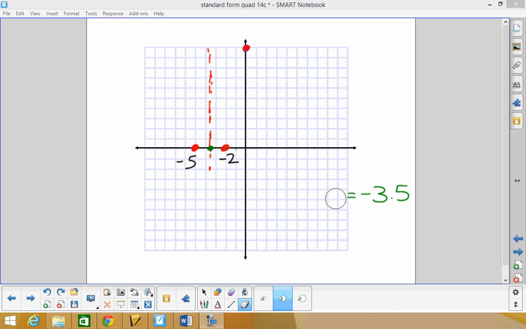And this is going to give us the x-coordinate of the minimum. And now we have to figure out what the y-coordinate would be.